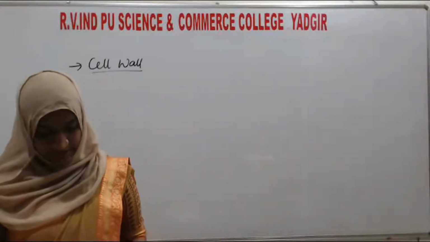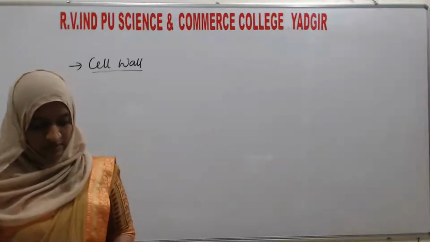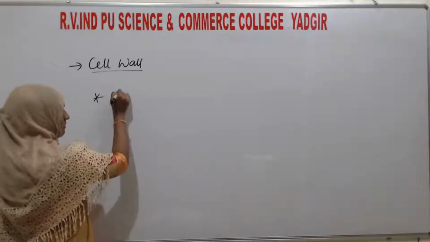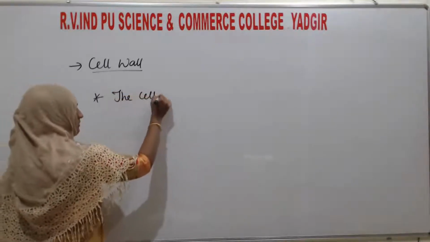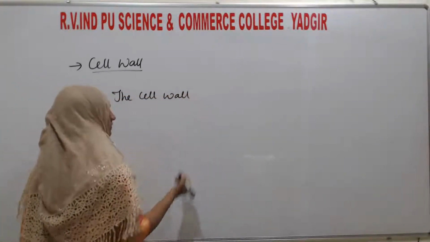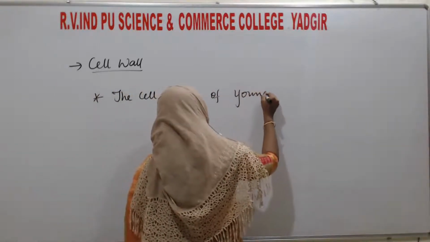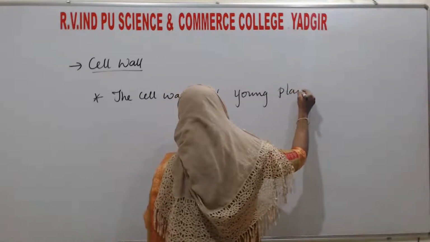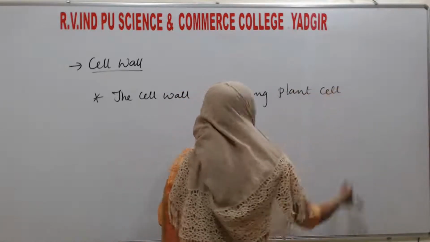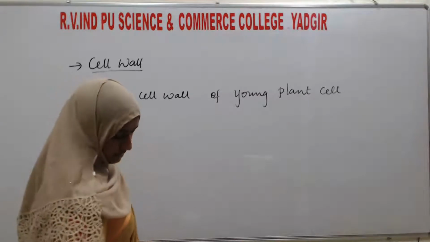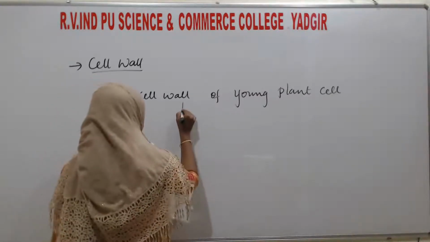Now next, here is the cell wall of the young plant cell. The cell wall of the young plant cell is called the primary wall.